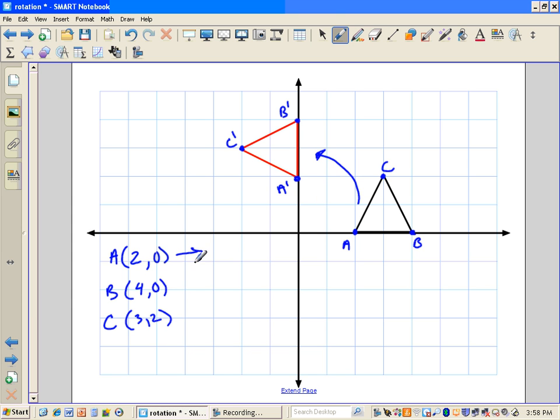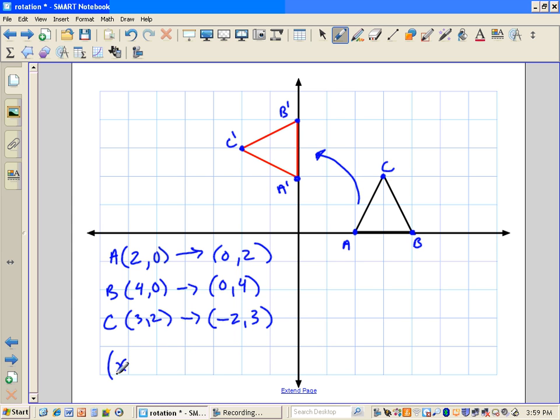Well, (2, 0) has become (0, 2). That wasn't too bad. (4, 0) has become (0, 4). And (3, 2) has become (-2, 3). So here's what looks like is happening. It looks like we've taken all of these x's and made them into our y value.